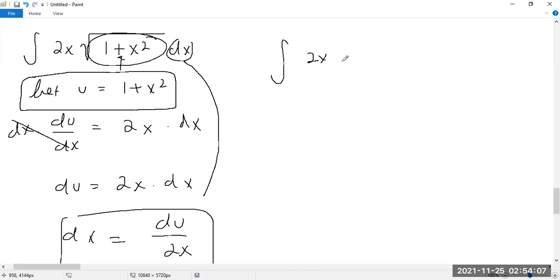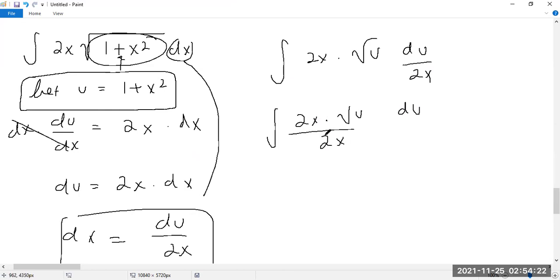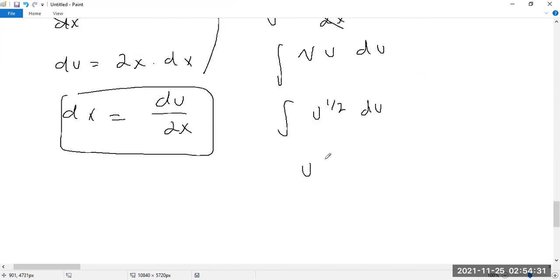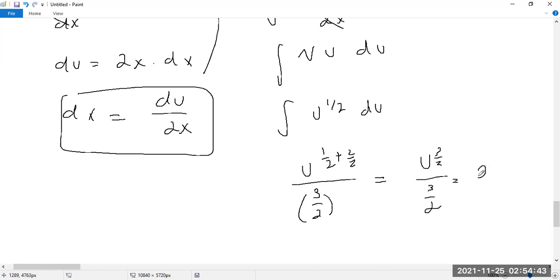I'll say this is 2x times the square root of u, and then the dx was replaced by du over 2x, which is the same thing as 2x times the square root of u du over 2x, which is the square root of u du, which is u to the 1/2 du, which is u to the 1/2 plus 2/2, over 1/2 plus 2/2 is 3/2, so u to the 3/2 over 3/2, which is 2u to the 3/2 over 3, because I multiplied by the reciprocal.